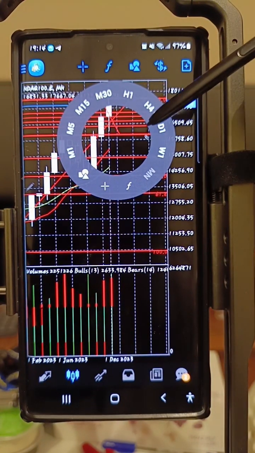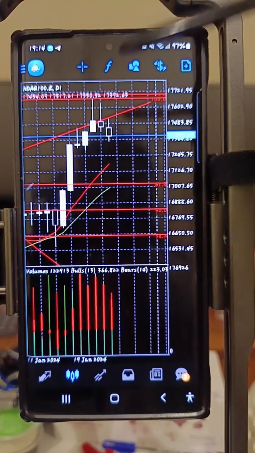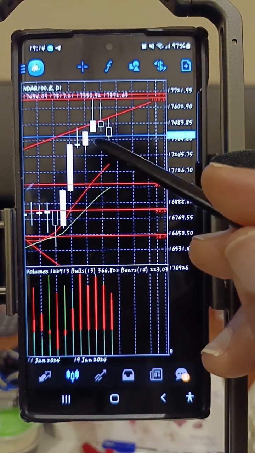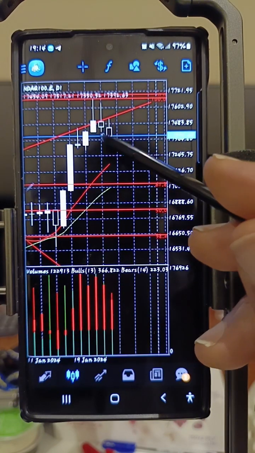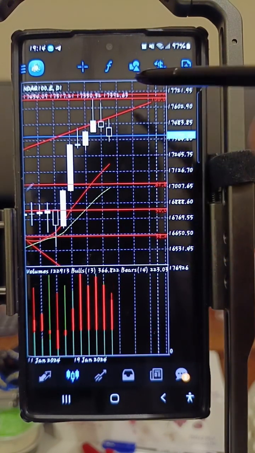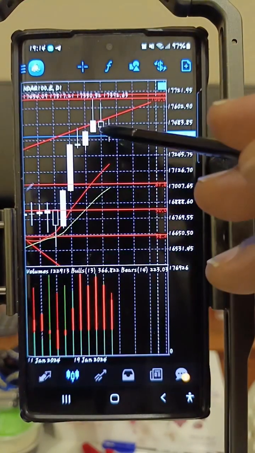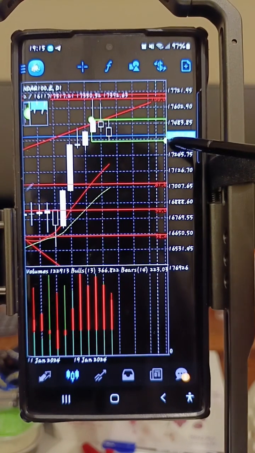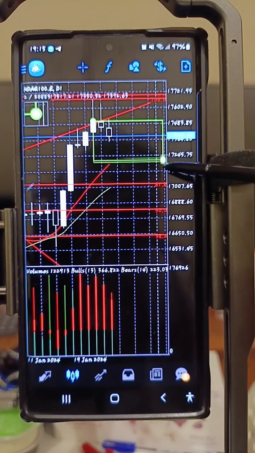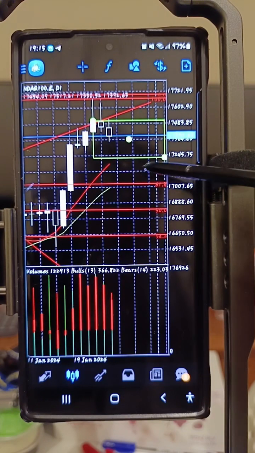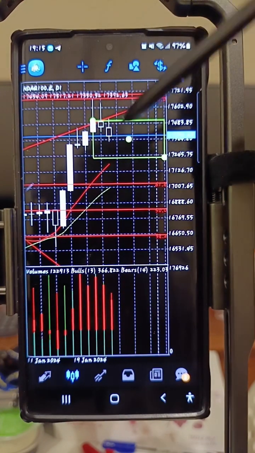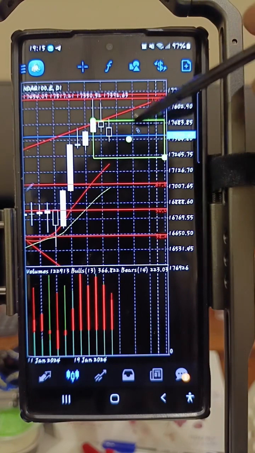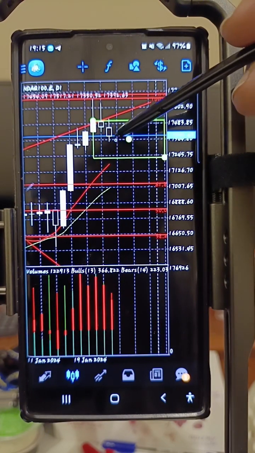If I go down to the day, I'm looking for this to consolidate here, coming and touching the 10 MA, as the Asian market is all consolidation.